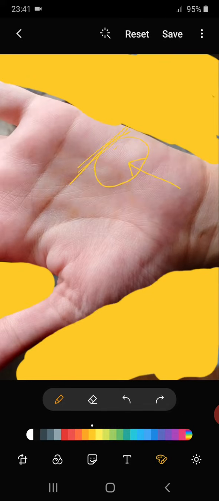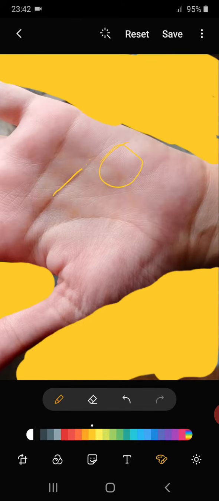You can see that. The moon mount is more prominent towards this part, and the headline starts to thin out. What does that mean? I'll explain that in a while.